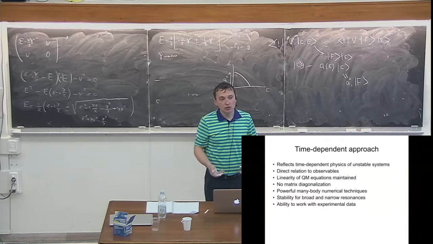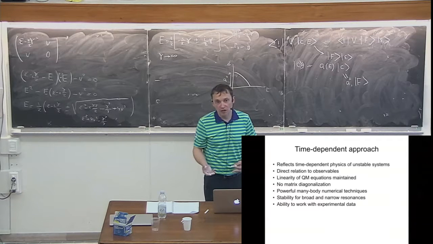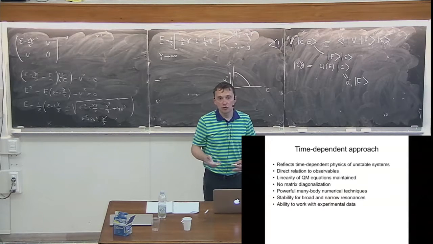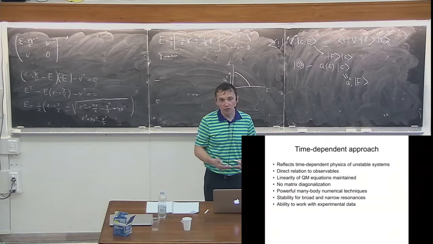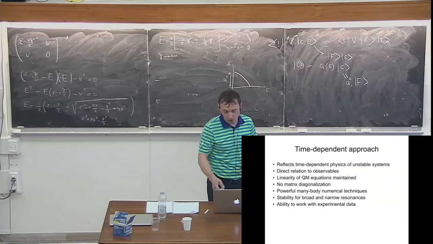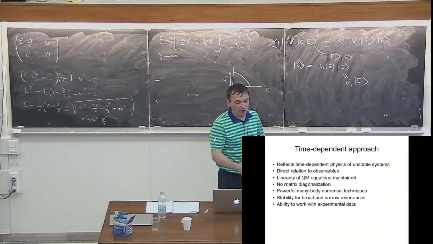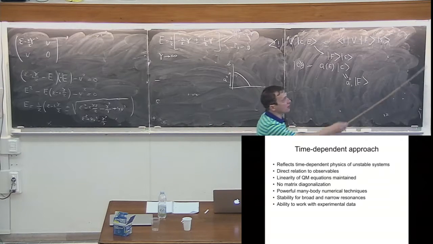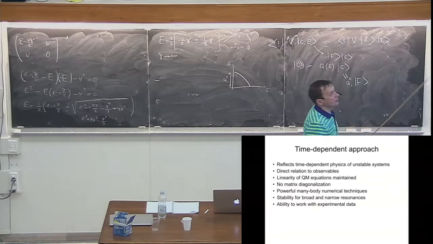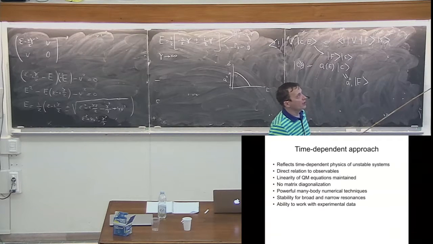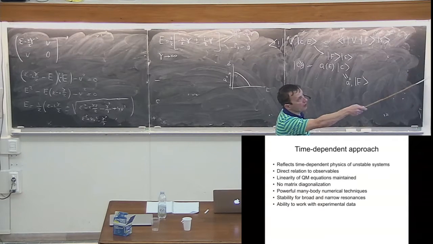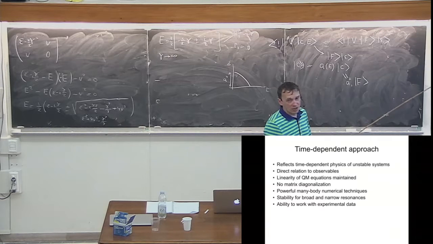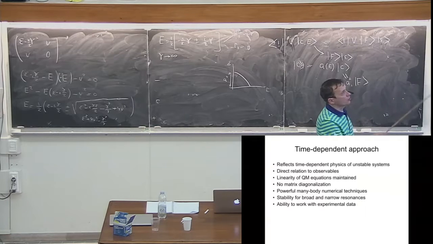So in order to do that, the most natural representation would be in the time domain, where all of these problems disappear because you are just discussing the time evolution of states. And that reflects the actual physics. So what's written here is the set of arguments that suggest why time dependent is better, because you study the time dependence of the systems, and then you have a relation to observables.